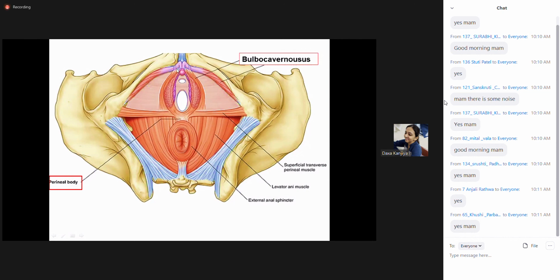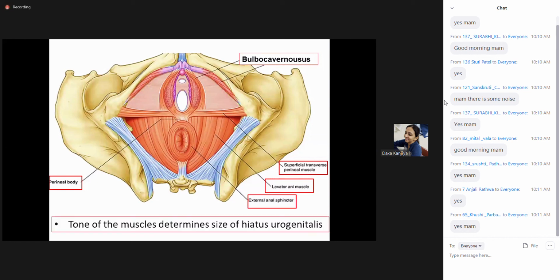See here, bulbocavernosus passes on either side of the urethra as well as the vagina and is inserted on the perineal body. Then the muscle running transversely is the superficial transverse perineum, and deep to it lies the deep transverse perineum. Then the levator ani muscle, which forms the floor of the pelvic diaphragm, and posteriorly the external anal sphincter.